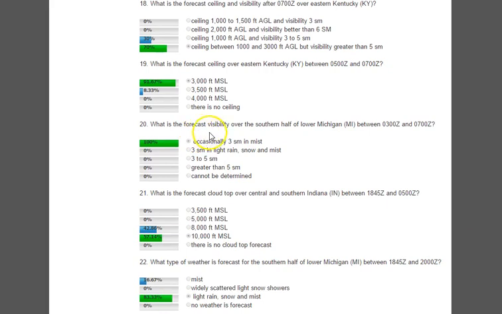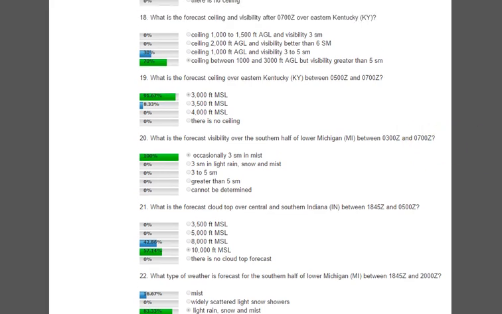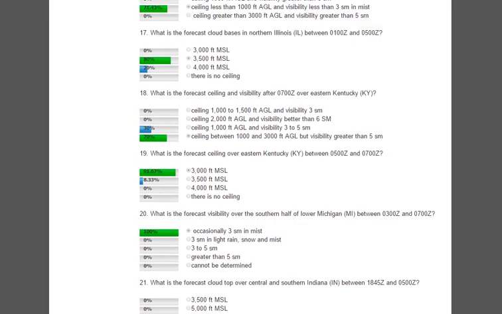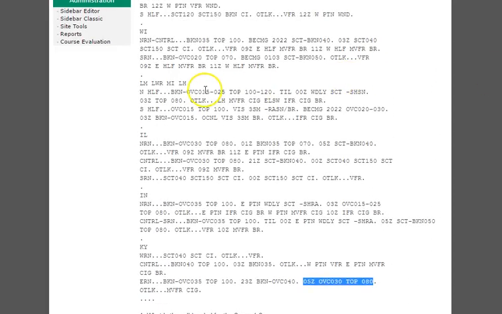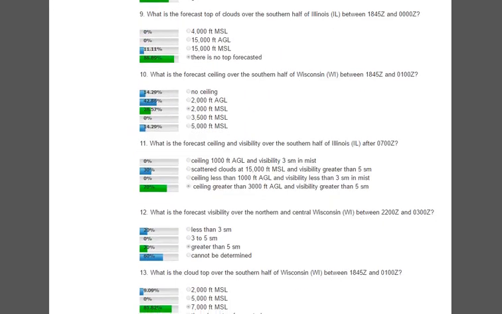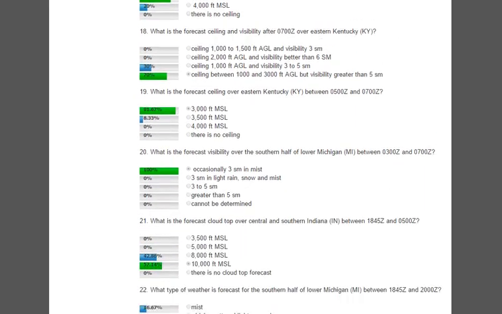Number 20, what is the forecast visibility over the southern half of lower Michigan between 3 and 7 Zulu? It looks like everybody got that one right. Oh, I forgot to say, is it the northern half or the southern half?